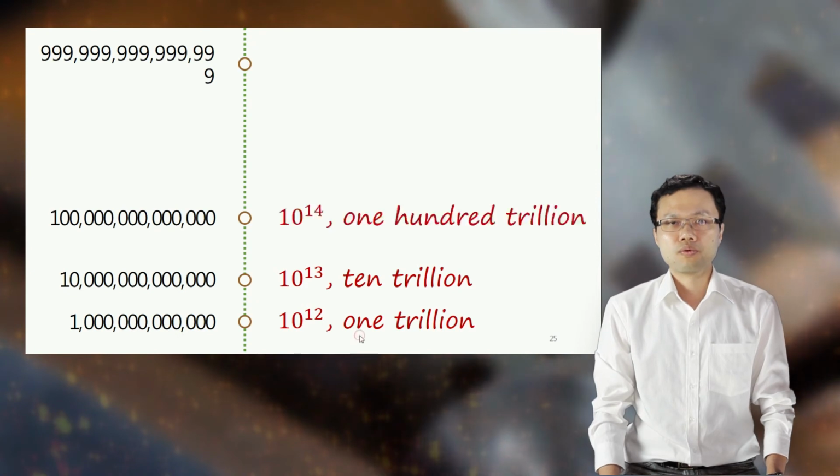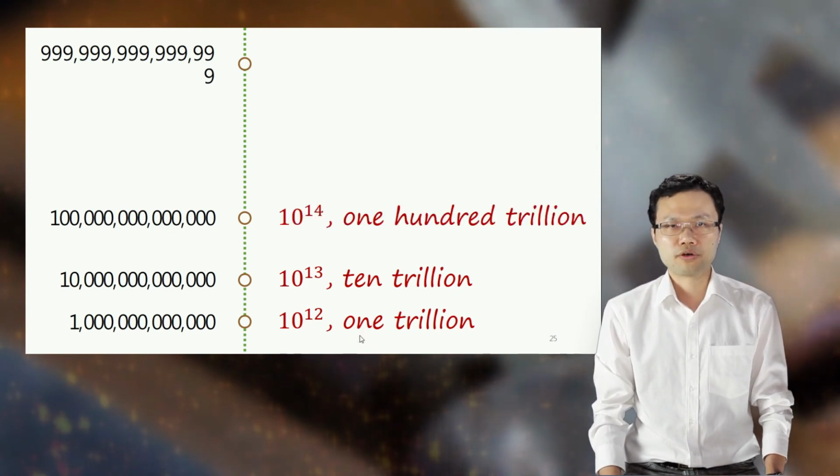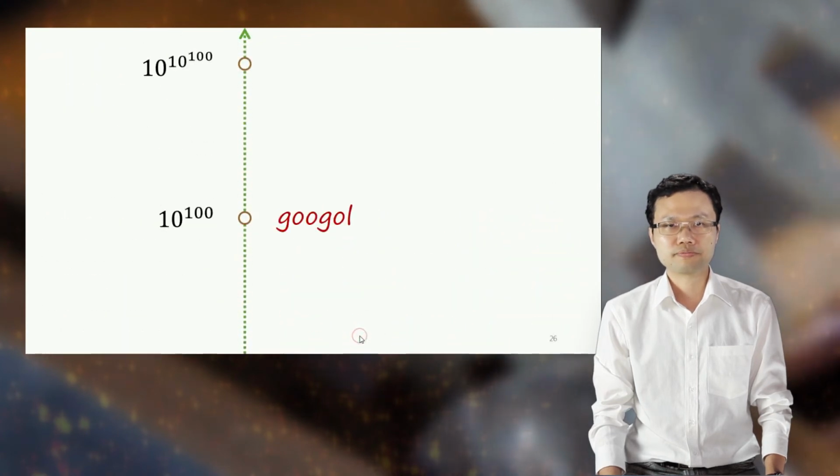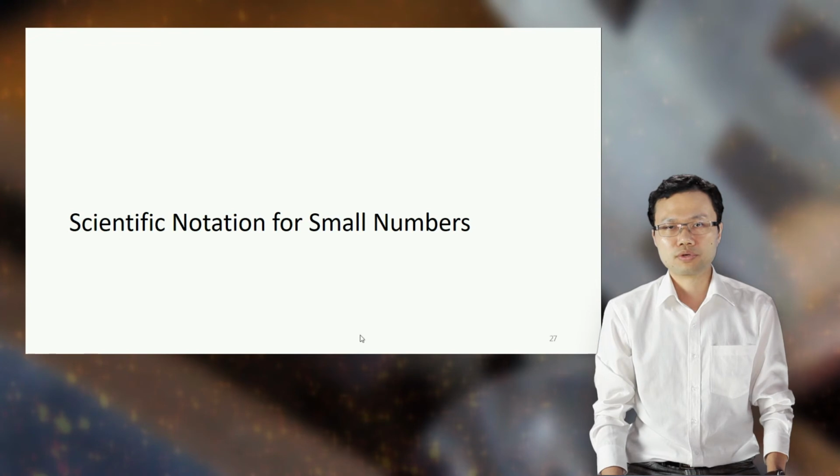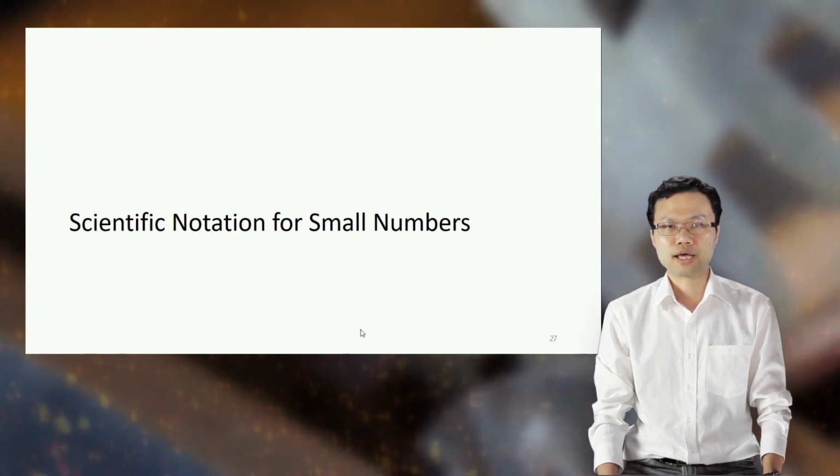And 1 trillion is 10 to the 12th power. 10 trillion is 10 to the 13th power. 100 trillion is 10 to the 14th power. Until Googol and Googolplex.